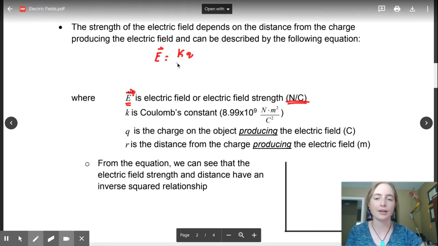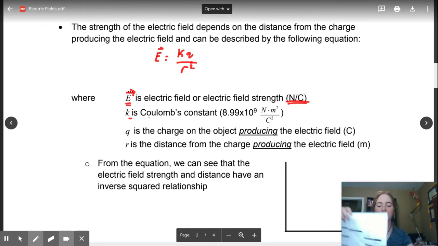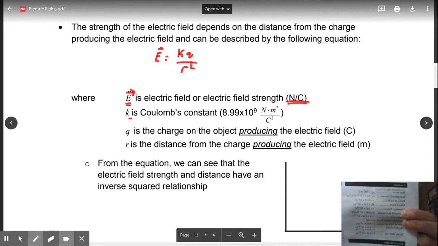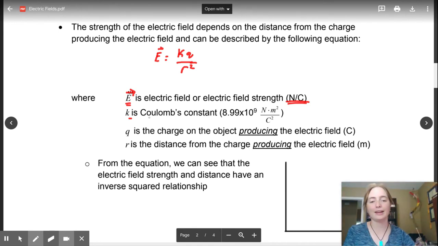And it's kQ over r squared. And k, Coulomb's constant, is right on the back of that data sheet, so you don't need to memorize that number. And Q in this equation is the object producing the electric field.